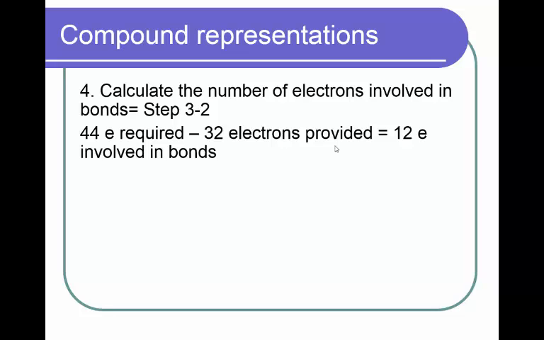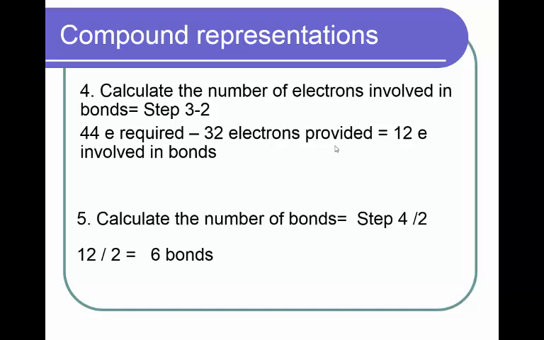So we've got a difference there of 12 electrons involved in bonds. Once we have this number, we divide these 12 electrons by 2 because we know every bond involves 2 electrons. So that gives us a total of 6 bonds within the molecule. And that's something that we're going to use to draw the structure.